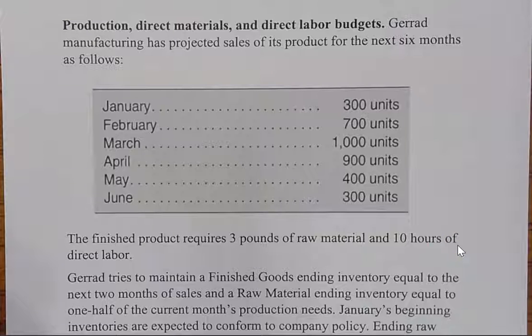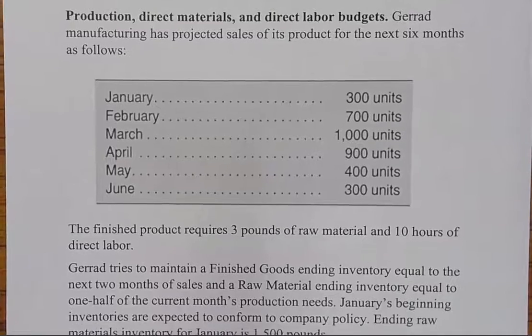So I would point out immediately that the raw material is going to pertain to the direct materials budget, and the 10 hours of direct labor is going to pertain to the direct labor budget. You probably would figure that out on your own, but there's nothing wrong with making sure we understand things.